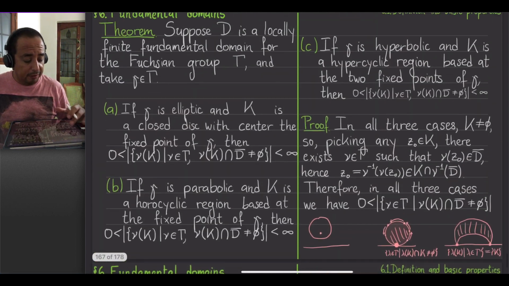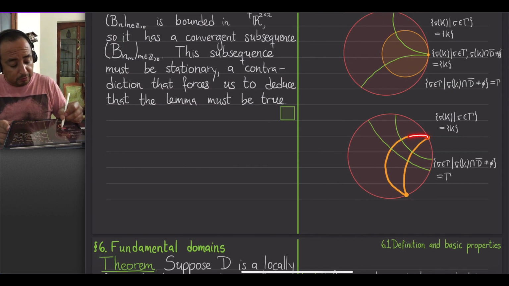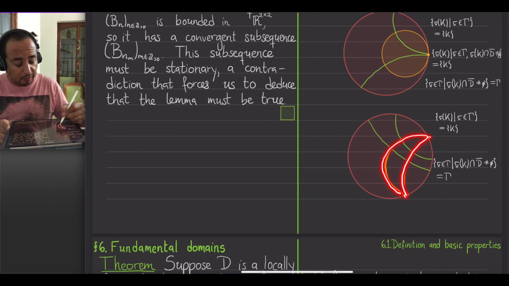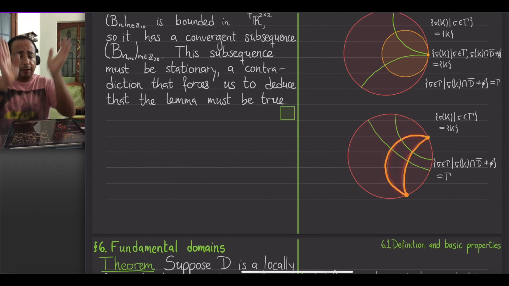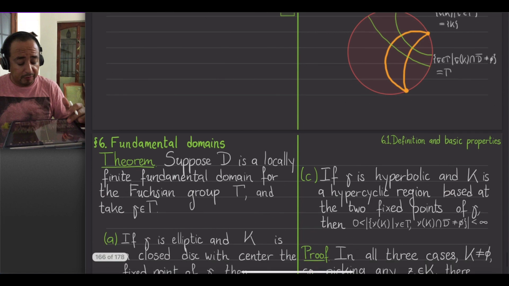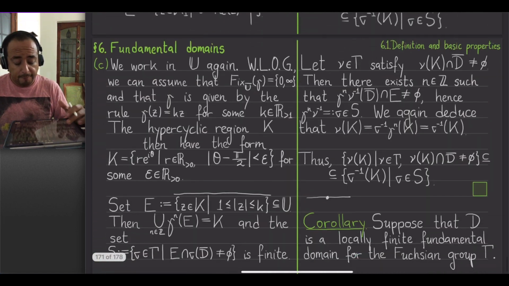A hypercyclic region, as I said, is a region determined by two segments of Euclidean circles common to the fixed points, passing through both of the fixed points. In this case, these are 0 and infinity now, so these have to be circles in C bar passing through 0 and infinity. Well, they are just Euclidean straight lines passing through 0 and infinity.